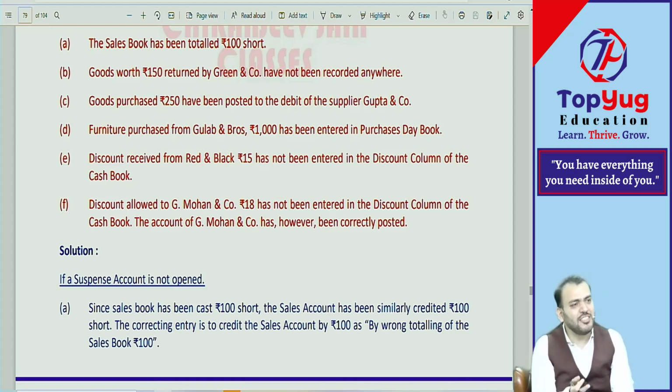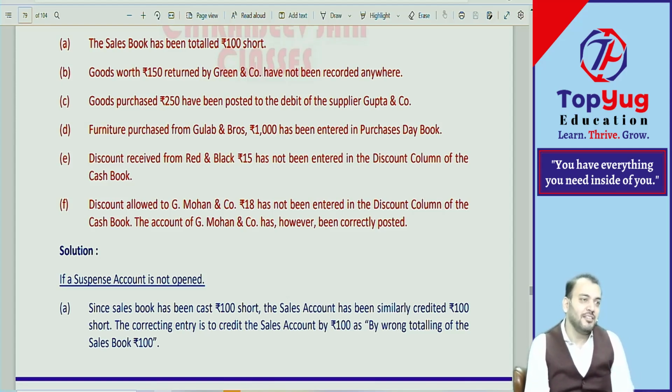If you are saying one sided, then you should give the correct journal entry. G Mohan is correctly recorded, so why are you doing any rectification to G Mohan? Only discount allowed was debited or credited. So discount allowed account debit to suspense account.